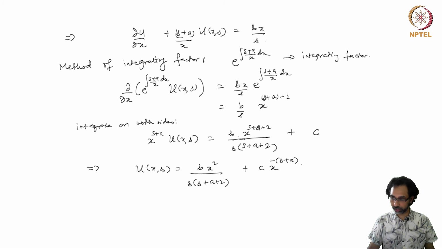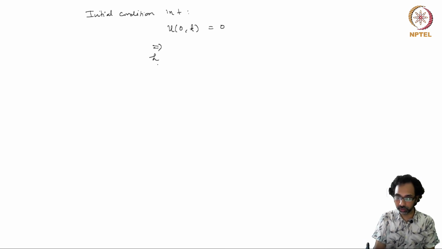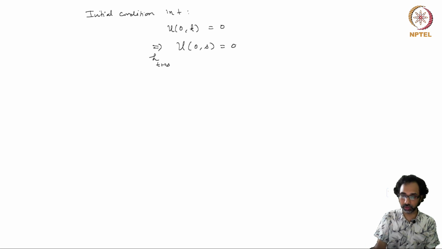Now we can again use our initial conditions. We can take the other initial condition in t, which is u(0,t) equals 0, and if we take the Laplace transform of this equation in t with values in s, we get capital U(0,s) equals 0.